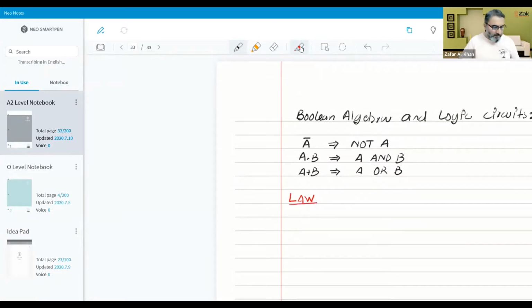So the first law is commutative law. Second one is associative law. Third one is distributive law.